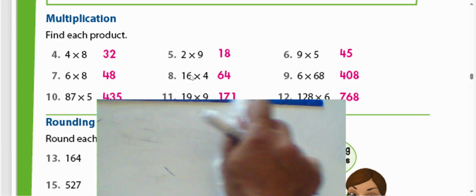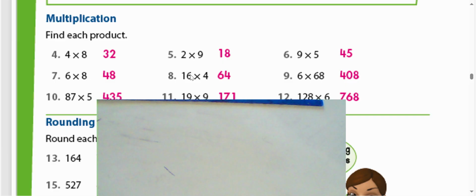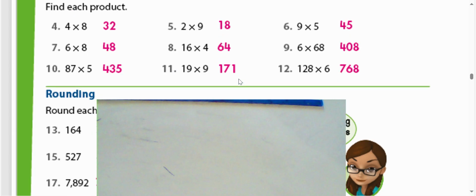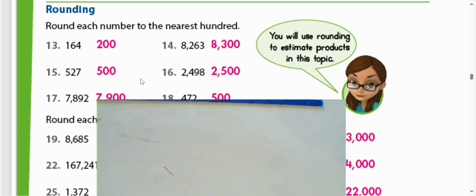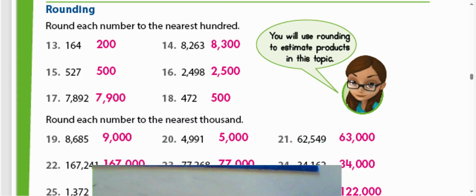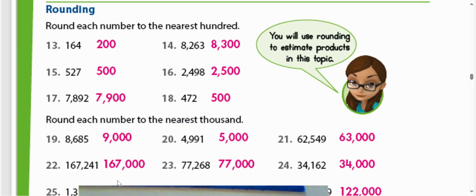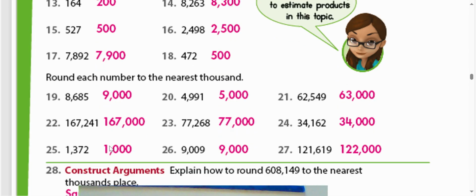Today we'll explain how to find the product between two numbers, one of which contains 2 digits. But now we will first review rounding. Do you remember rounding to the nearest 100, thousands, and 10,000 also? 1,685 is nearest to 2,000.